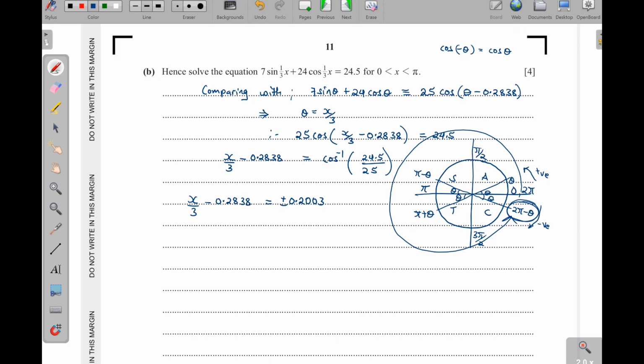Okay, so instead of using 2 pi minus theta, because I'm given from 0 to pi, I can instead get the negative value of this one here. So I move here and then I move here. Hope you have gotten that.